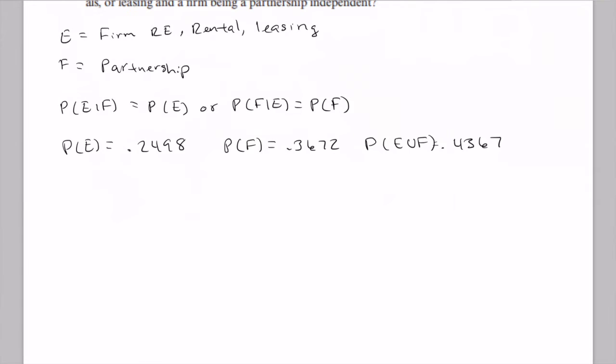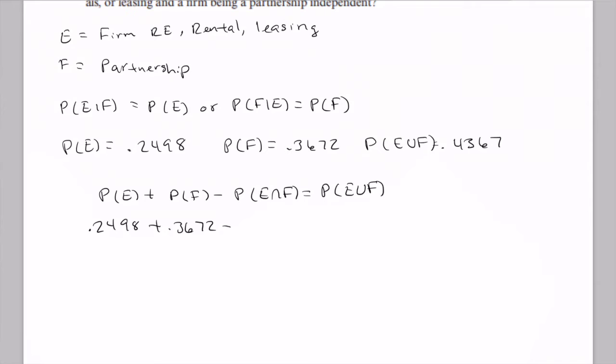So we're going to do our math. It's P(E) plus P(F) minus P(E intersection F) is equal to P(E union F). So 0.2498 plus 0.3672 minus the intersection is equal to 0.4367.